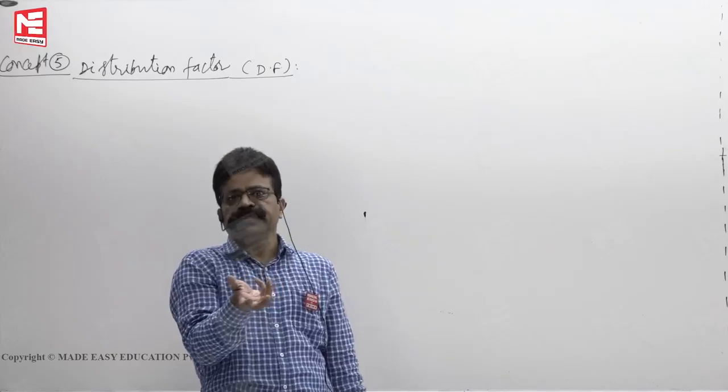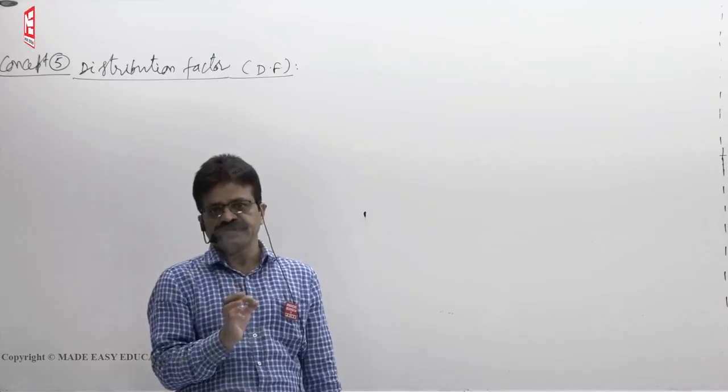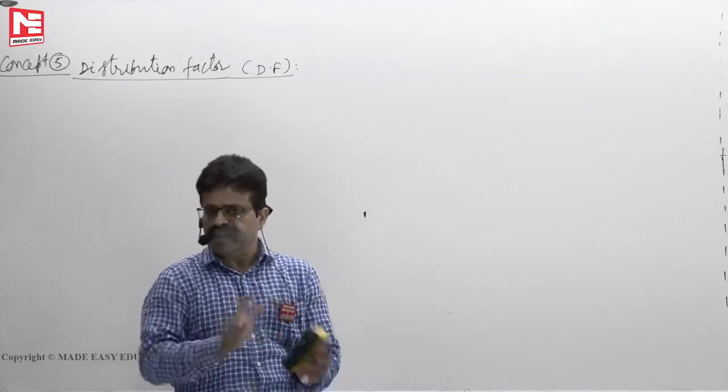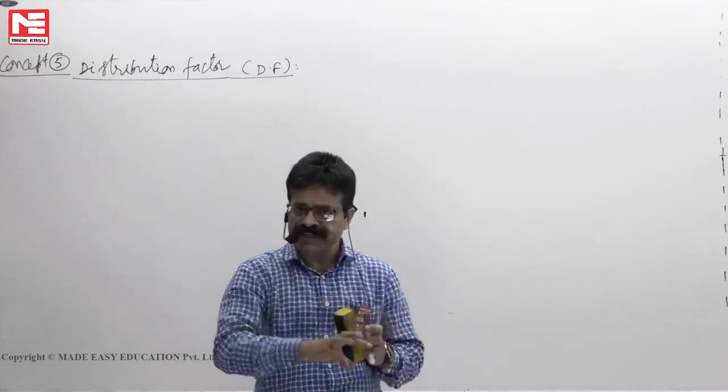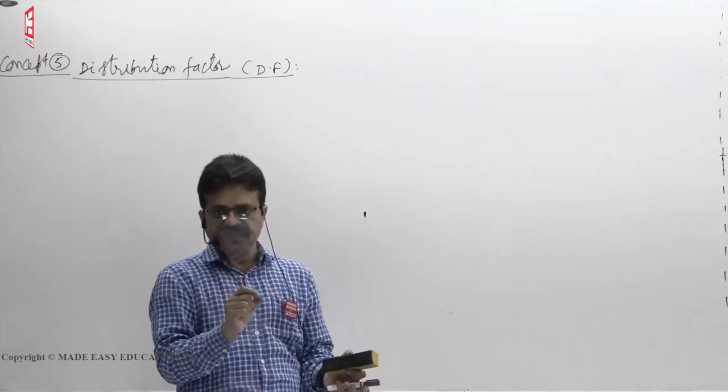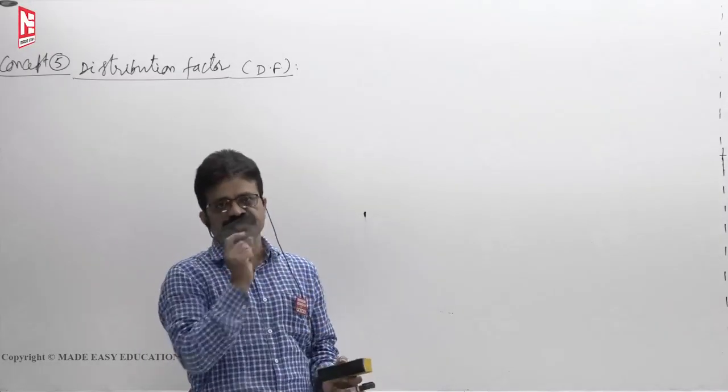When you apply a moment M on the rigid joint, then all members will share your applied moment. In what ratio your applied moment gets distributed to the members meeting at that joint, that ratio we call as distribution factor.